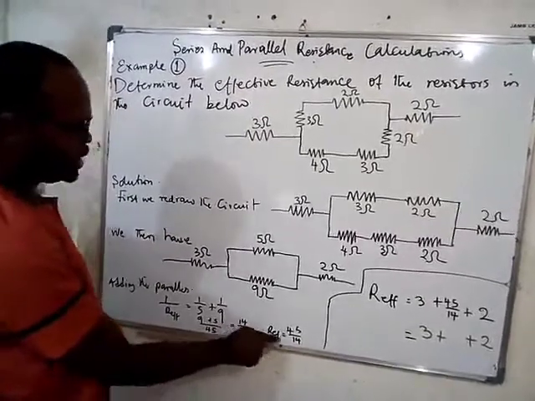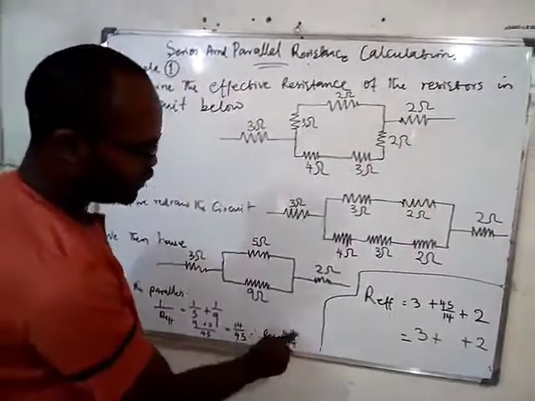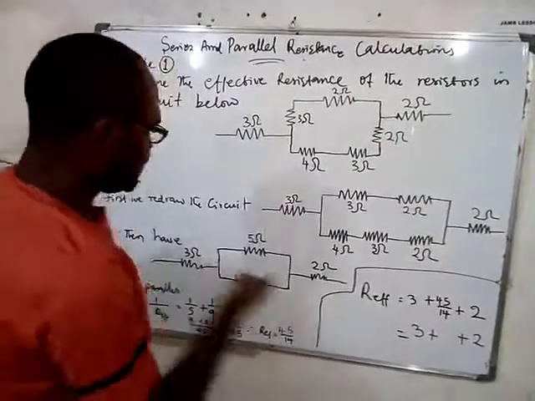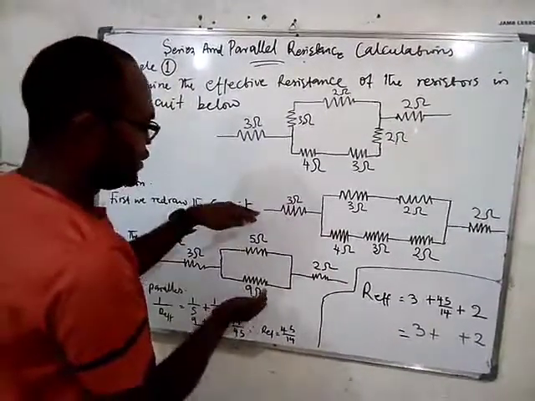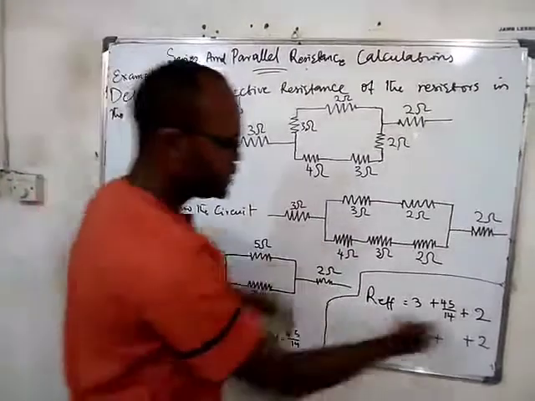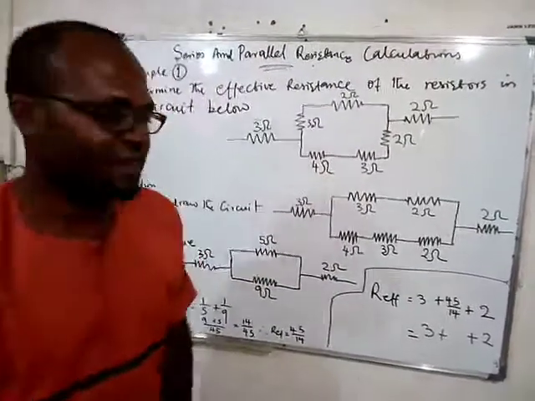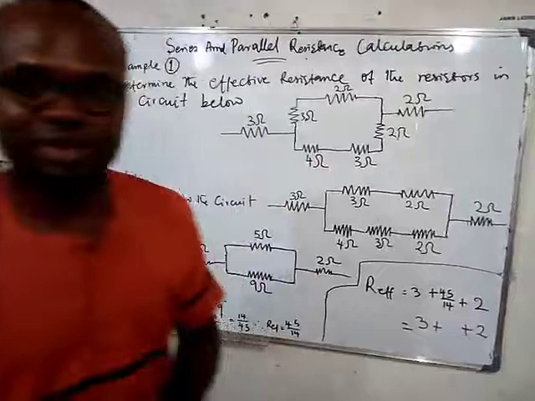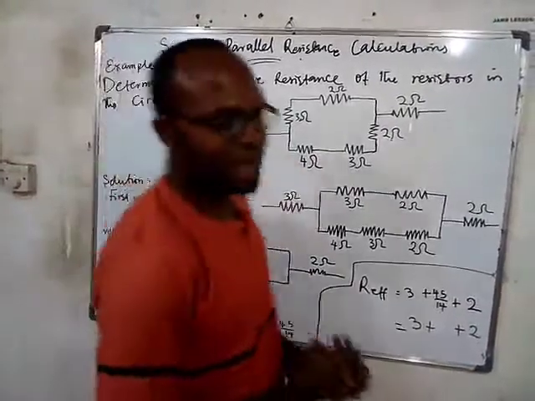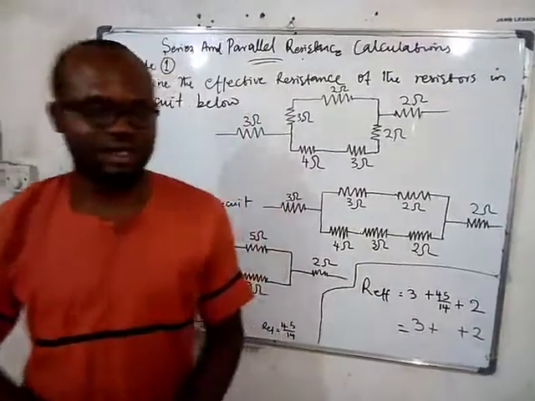Then take the reciprocal to get the effective resistance to be 45/14. So you now add up this 45/14 plus 3 ohms plus 2 ohms to give us the final effective resistance. So I would like somebody to give me the answer while we close for the day and start again later.